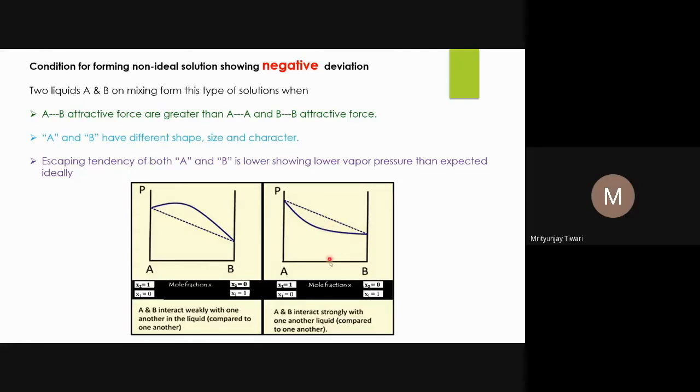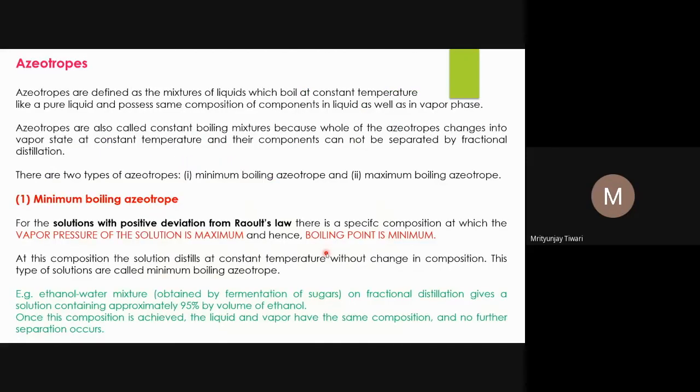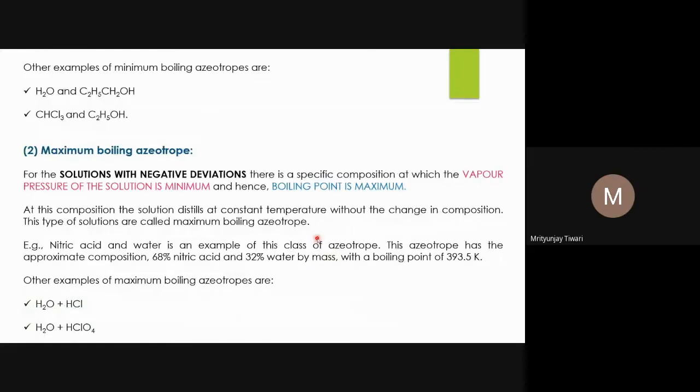At this composition the water and nitric acid mixture forms a maximum boiling azeotrope. In the case of 68% nitric acid and 32% water by mass, it forms an azeotrope, and this azeotrope will boil at 393.5 Kelvin.